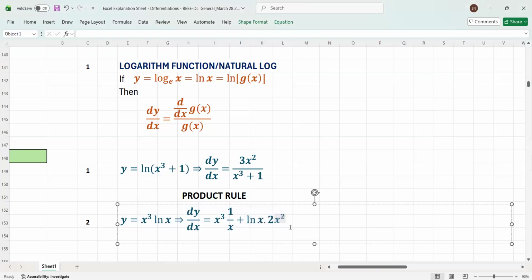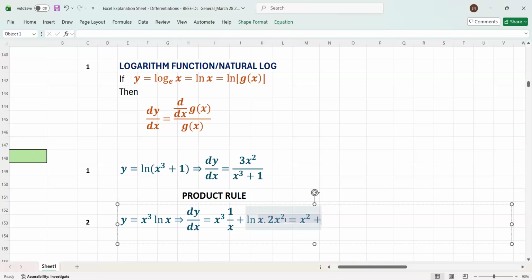Okay, so functions like this, you can't simplify them further. All you can do is rearrange your answers. So x cubed multiplying 1 over x will simply give me x to the power 2. And then the term on the right, you just rearrange it.